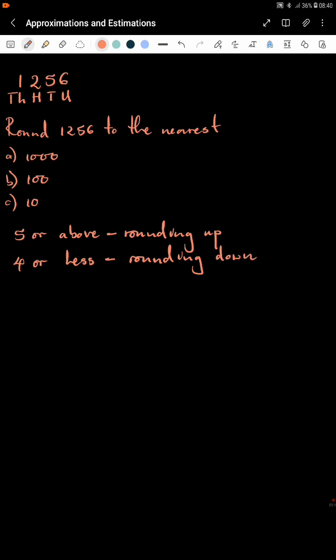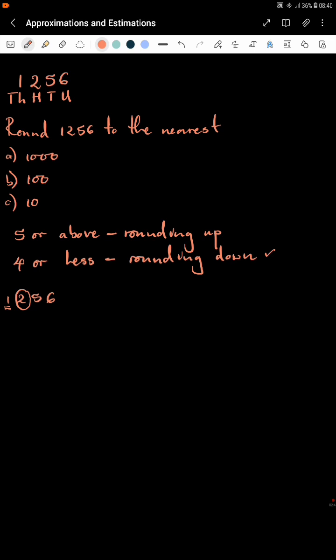So in this example, we have 1256. So we want to round to the nearest 1000, and 1 is the one that is under 1000. So you look at the digit to the right, and it's 2. And 2 means it falls under rounding down. So when you're rounding down, it means you can't go to the next 1000, which is 2000.